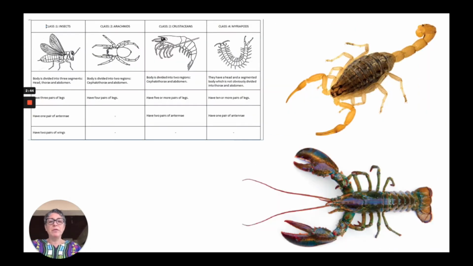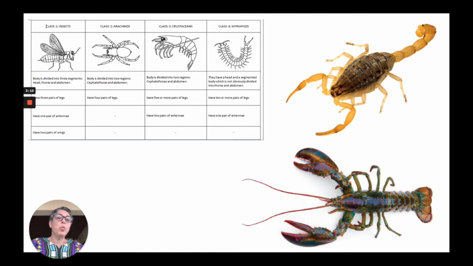All right, moving on to the arthropod phylum, we've got 2 organisms here. Looking quite similar, but we will be able to determine based on the features that they are in fact in 2 different classes. So let's take a look at the top organism. You may know that this is a scorpion, but let's look at the number of legs.